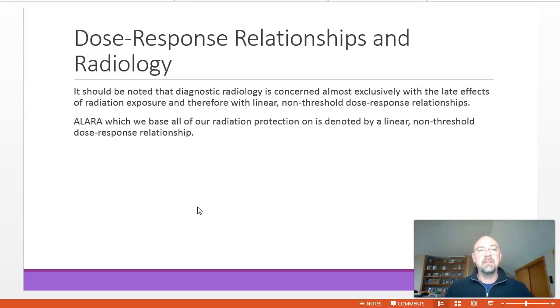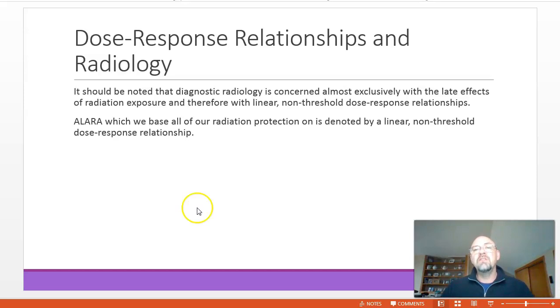We know that there has to be a certain distance between the X-ray source and a patient in order to use it properly. We know to use the shortest exposure time possible. We know that we're not going to give a whole body dose of radiation. So deterministic effects are relatively rare when you consider how to use the equipment properly.